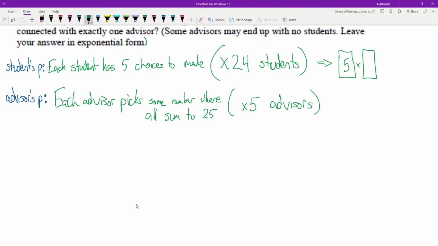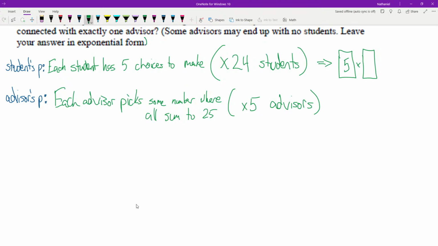Meaning, if the first student chooses an advisor, does it affect the second student's choice? Maybe mentally, maybe socially, but in terms of ability, do they still have the possibility of picking every advisor? Yes, right? There's no maximum for each advisor. One of them could have all 25 of them.